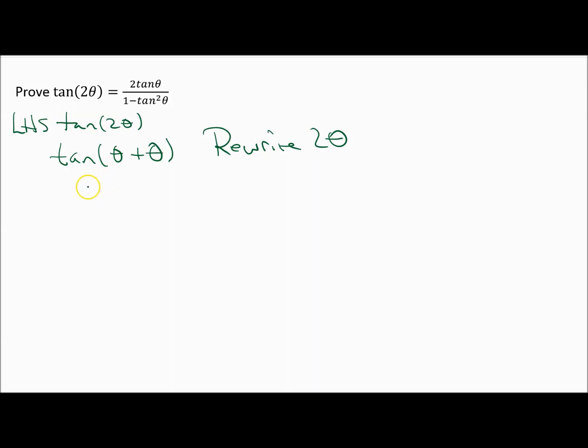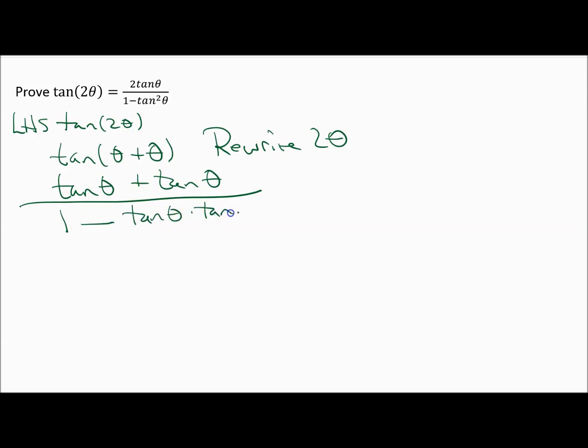So if you'll recall, tangent of alpha plus beta is tangent of the first angle plus tangent of the second angle. It almost feels like a distributive property. It's absolutely not that, because it's not multiplication. And then you do 1 and you change the sign, tangent of theta times tangent of theta. Okay, and again, this is just the sum difference formula.